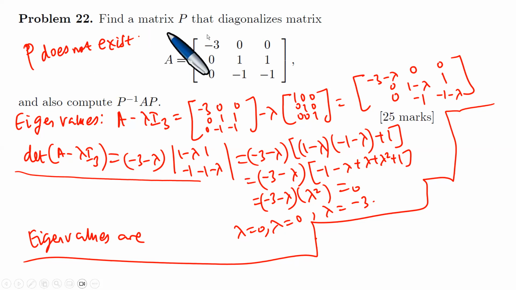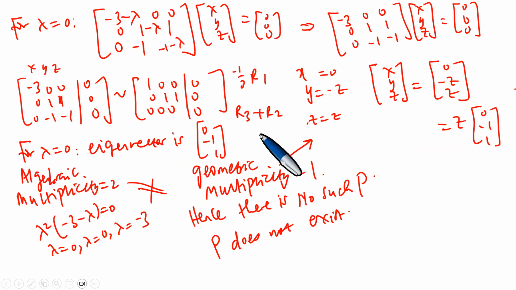Because you see, we're supposed to find the matrix P, so it's not there. The matrix P must have 3 columns, but already we have a situation where this is only one vector.